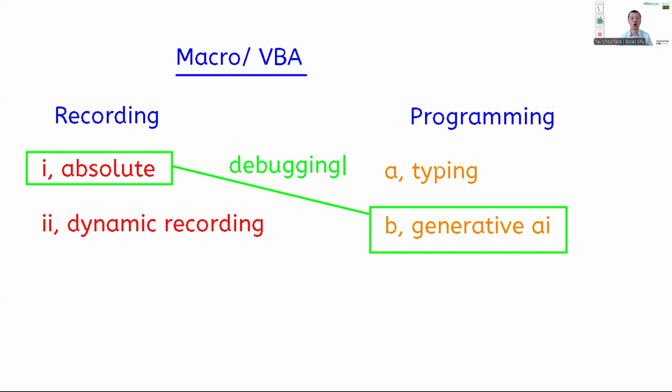Debugging is called troubleshooting. So we will see how the progress looks. Absolute recording is to give you a simple start. At least you have some early success to make you feel good. Yes, I could do it. That's the intention. And generative AI plus debugging allows you to explore more possibilities on your own.